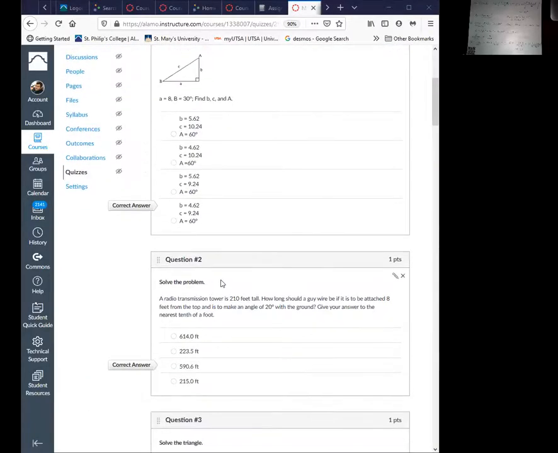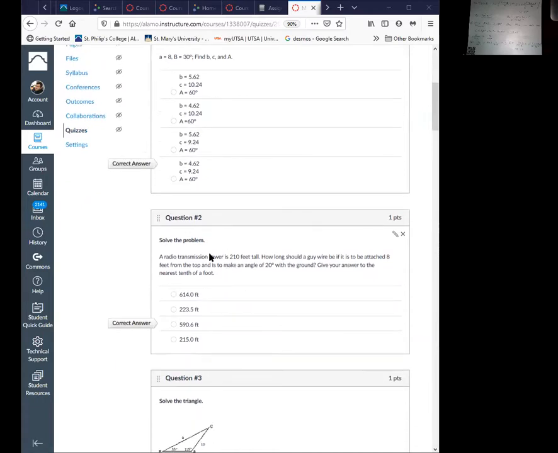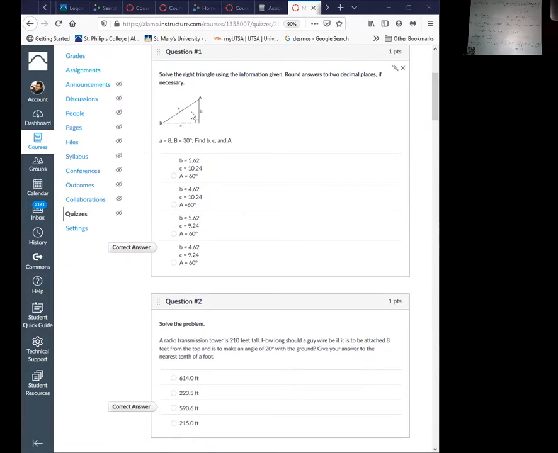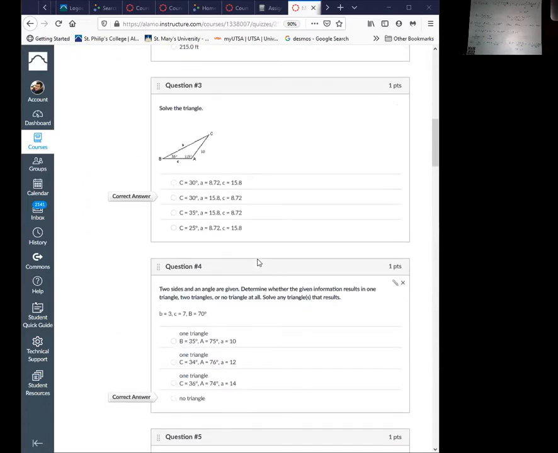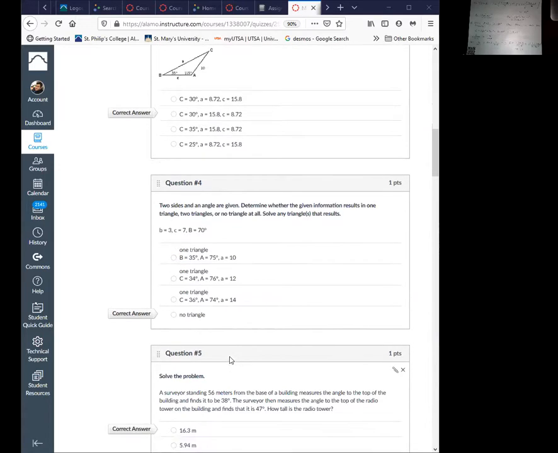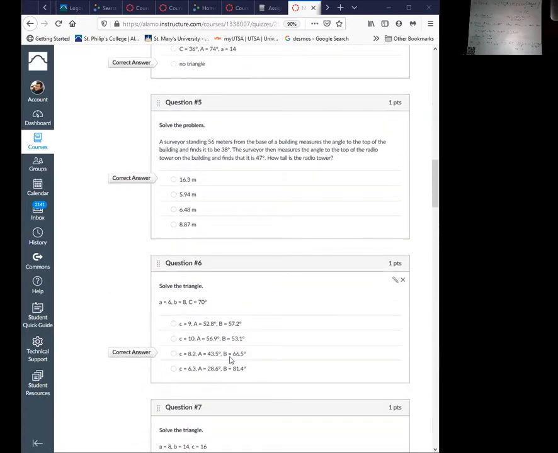On the test, on Tuesday we did 1 through 5. 1 was a right angle, so you don't have to worry about that. The fact that they give you a picture means you don't have to worry about 1, 2, or no triangles. This one, number 4, was where we had to check: is there 1, 2, or none? See how you have the options of 1 triangle, etc. So this one turned out to be no triangle because we got an error. That was a word problem.